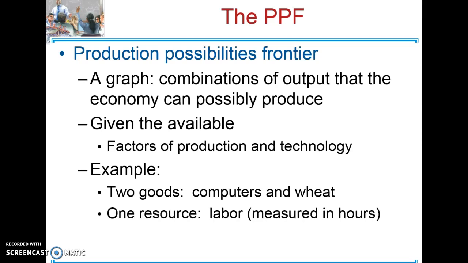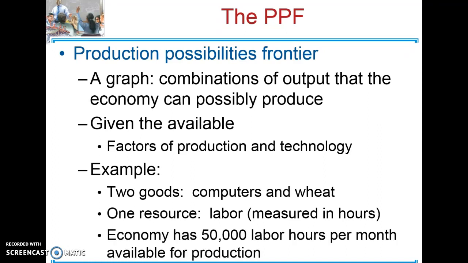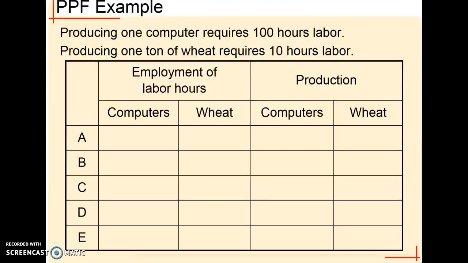The resource that's going to be used to produce computers and wheat is labor. And we're going to measure labor in hours. This economy, in our first example here, has 50,000 labor hours per month that are available for production.